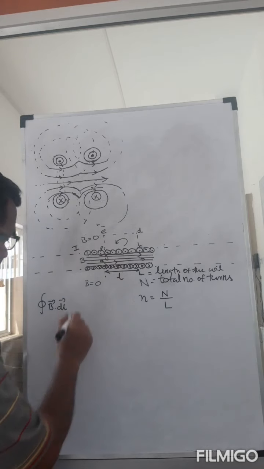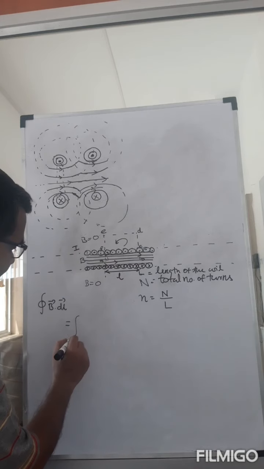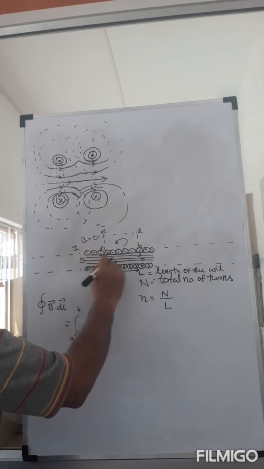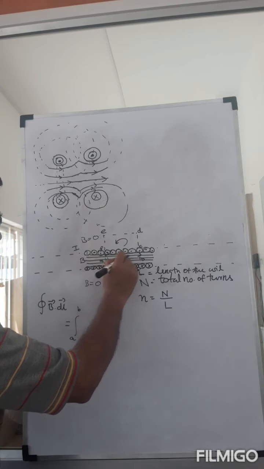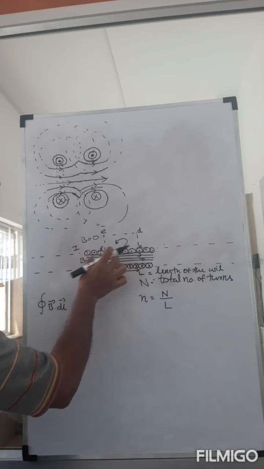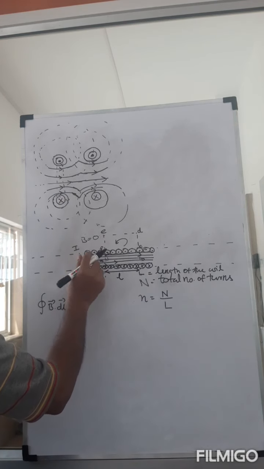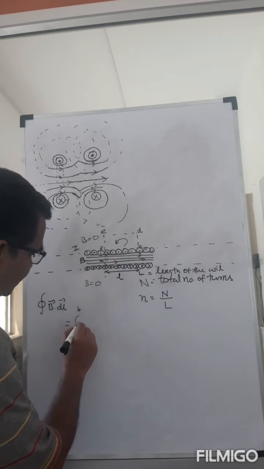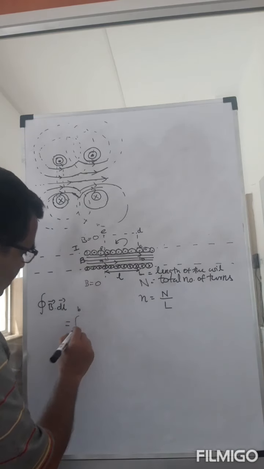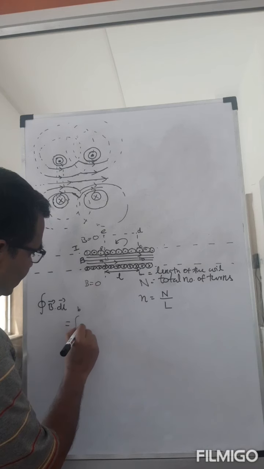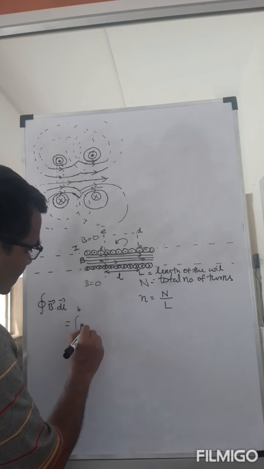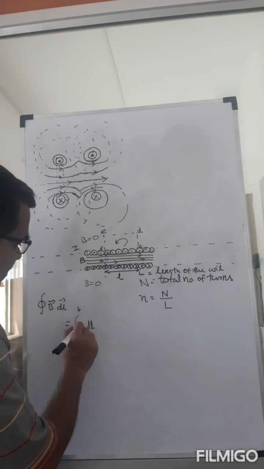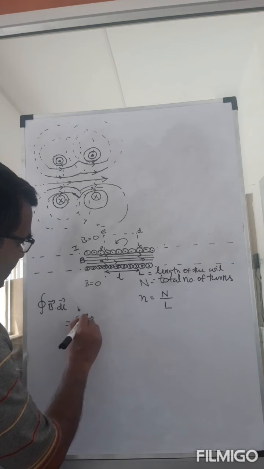So this is equal to, I'll do the integral from A to B. What is the field value B here? It's B, right? It's constant, the same at every point, because it's a straight line, and it's constant too. So it's going to be B dot dl.